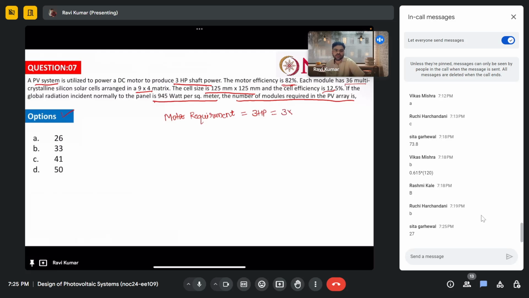How much watt in 1 horsepower? Okay, Sita calculated 27. Okay. 746 watt.